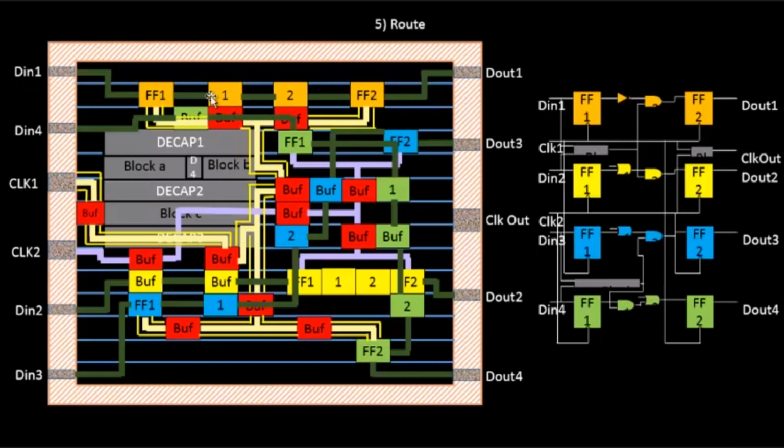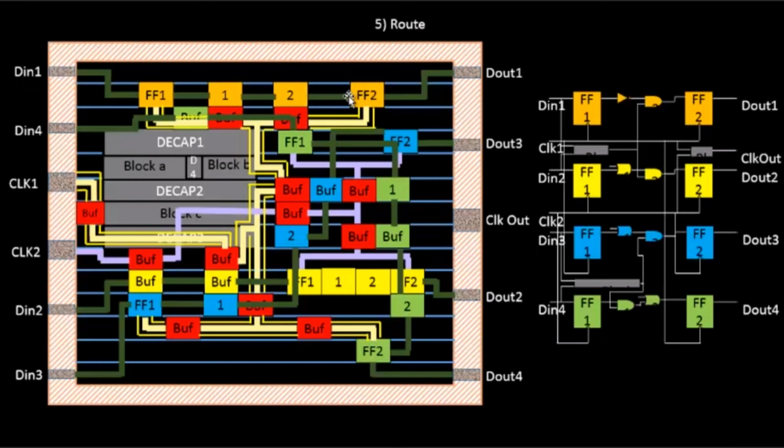Else, what can go wrong? Let's say D in 1 to flip-flop 1 has this route. If for some reason it routes in a different fashion, the complete delay of this wire that we had estimated will not hold true. The same applies to the delay from logic 2 to flip-flop 2.